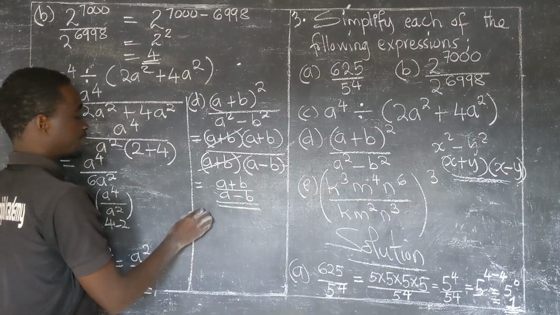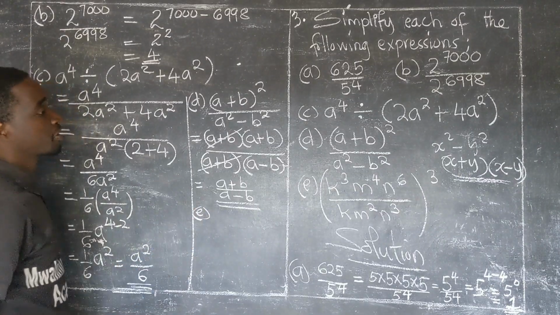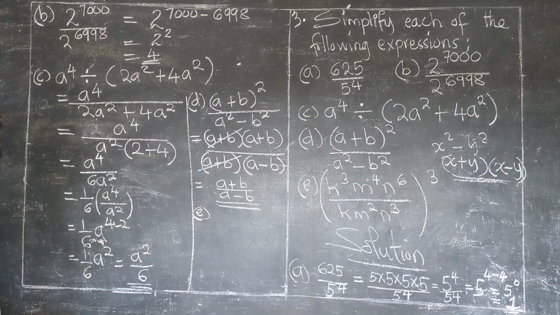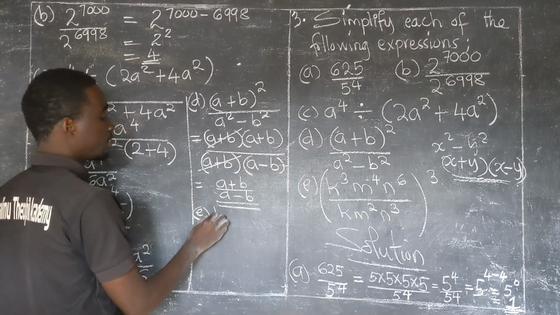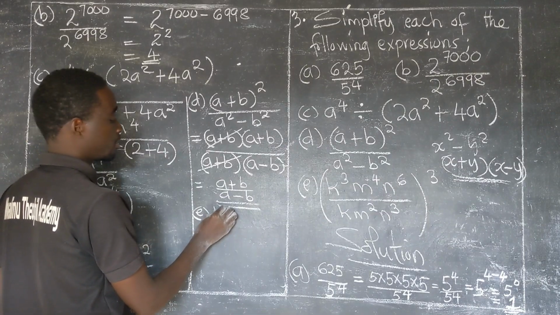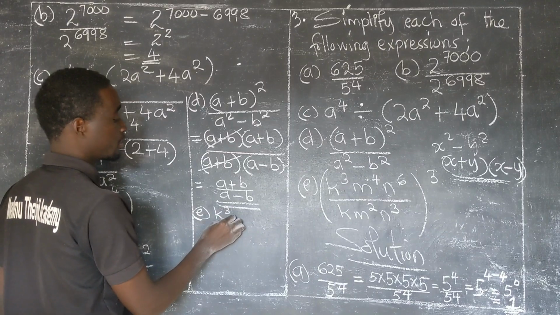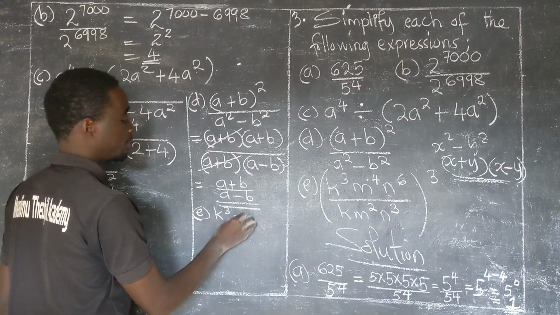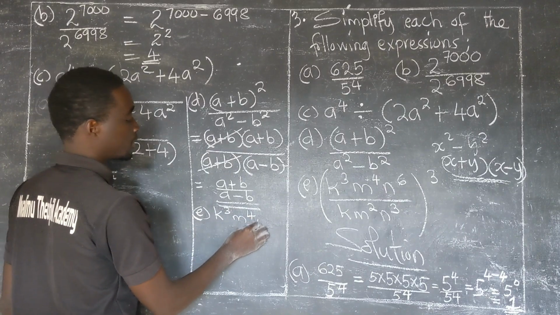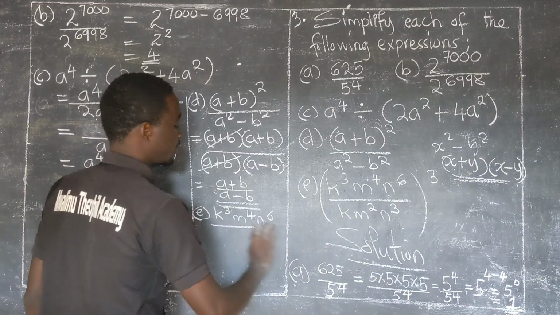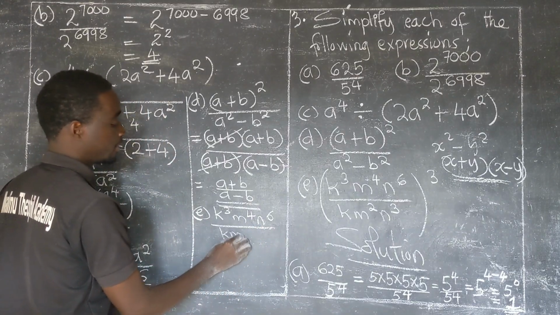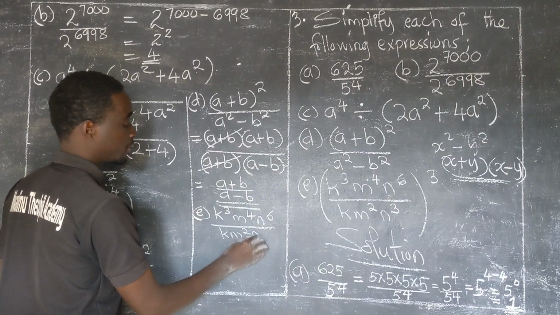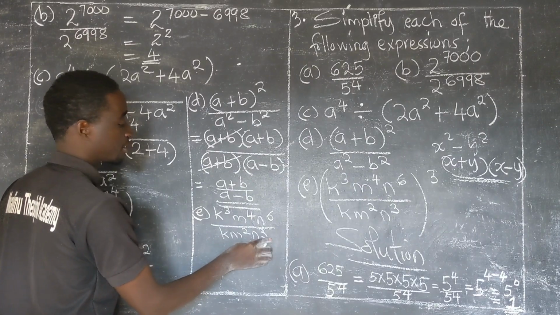After that, let us see the solution for the last part, which is k raised to 3 times m raised to 4 times n raised to 6 divided by k times m raised to 2 times n raised to 3.